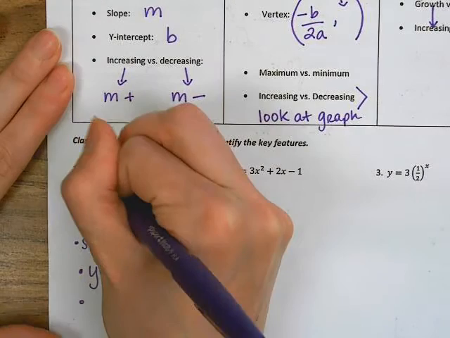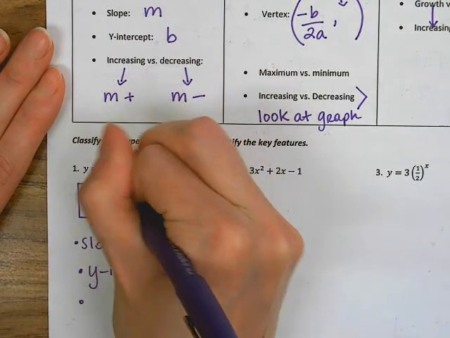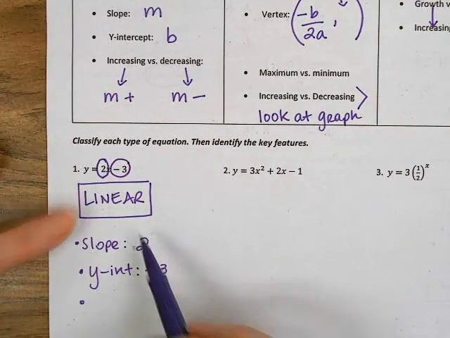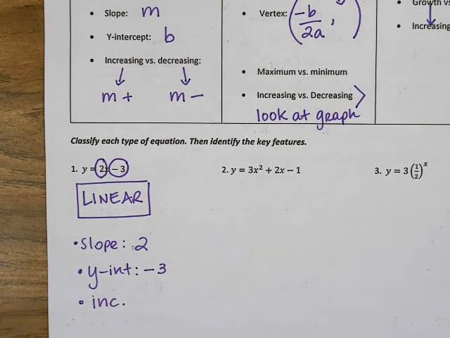The slope is the m, so 2. The y-intercept is the b, so negative 3. And because the slope is positive, this line is increasing.